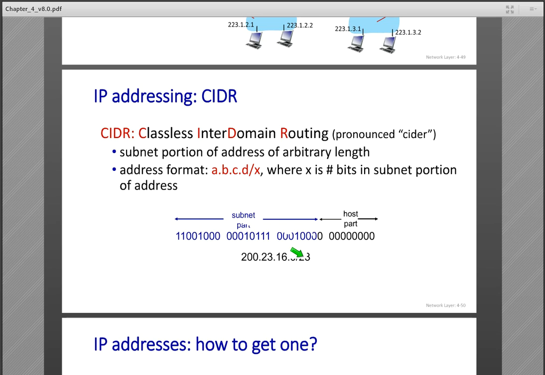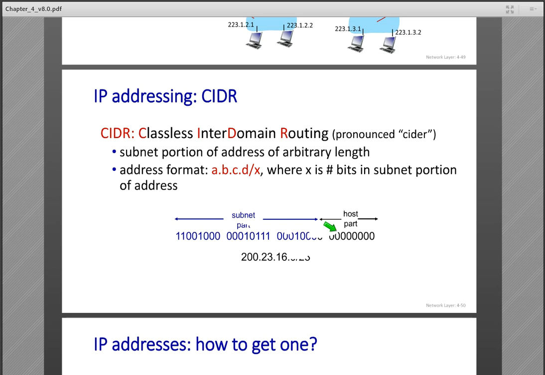It means that 9 bits remain for the host part, or host ID. So in this network, I can have 512 different IP addresses.